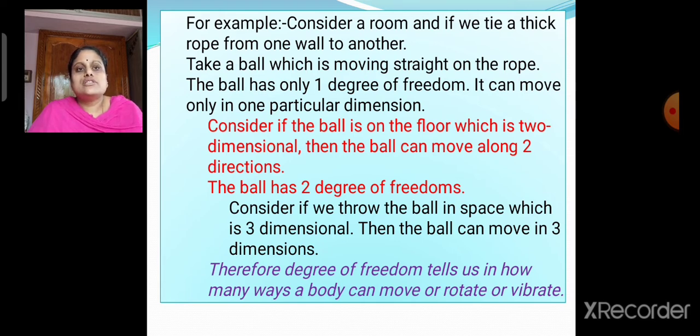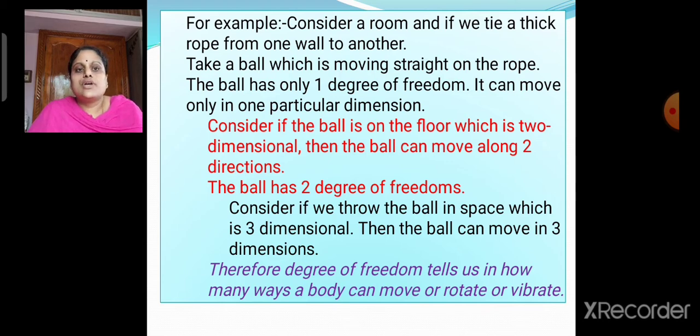Consider that the ball is on the floor, which is 2-dimensional. Then the ball can move along 2 directions, that is the x and y axes, but it cannot move along the z axis. Therefore, the ball has 2 degrees of freedom.